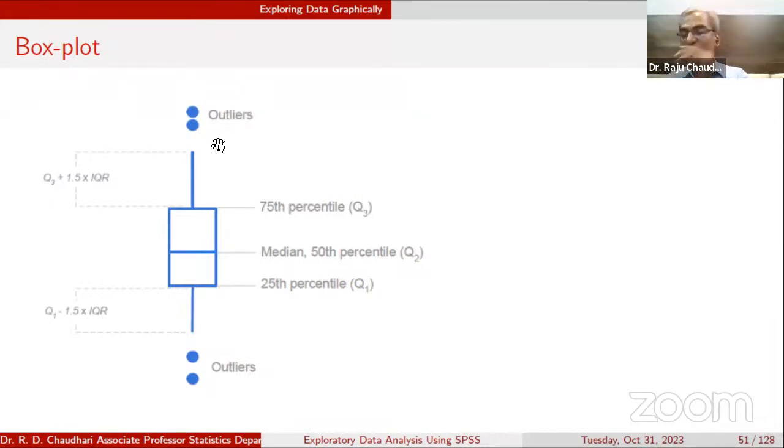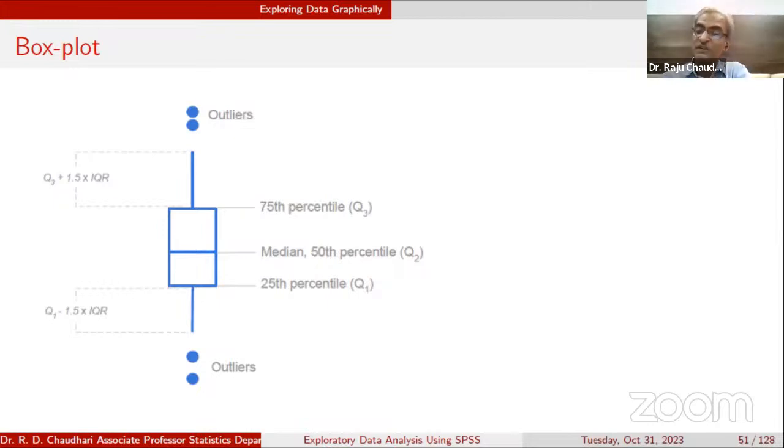Another important thing is that the size of the rectangle may vary depending upon the data, right? You know positively skewed and negatively skewed, right? If you plot the graph curve and it has a longer tail toward the right-hand side, it is positively skewed.